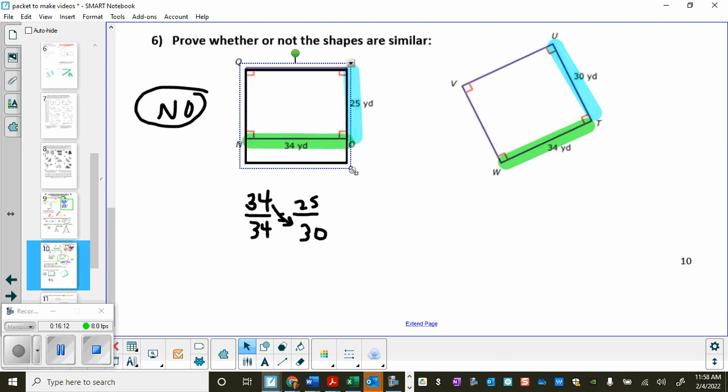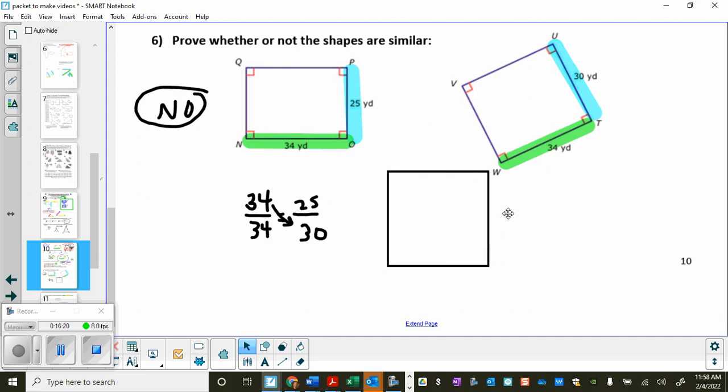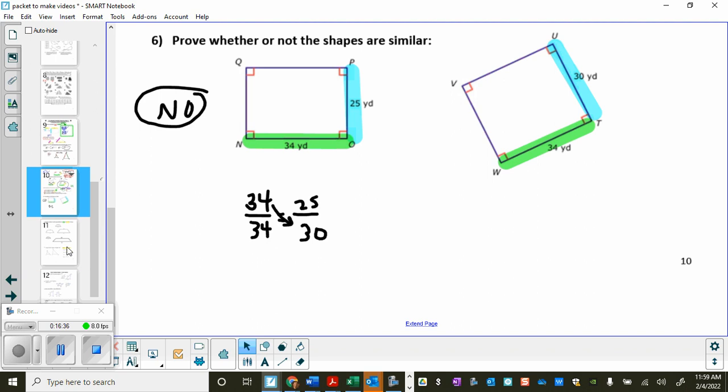It looks like this stayed the same, but they just stretched this down a little bit to make this 25 a 30 and left this alone. So a stretch down is definitely not proportional. So I'm going to delete that now, and this is a big fat no. This side, the green side, didn't even change. If the blue side got a little bit bigger, then we definitely expect the green side to get a little bit bigger, so this is not proportional.